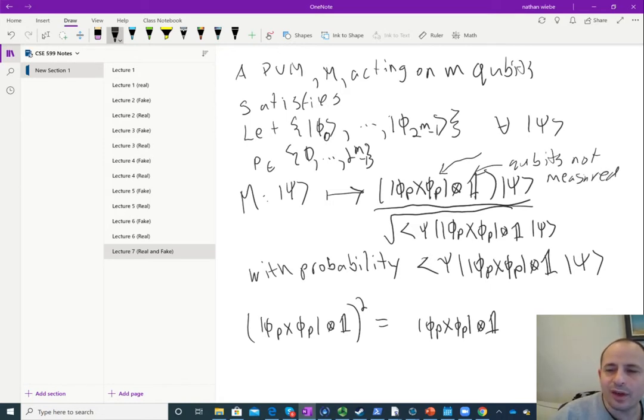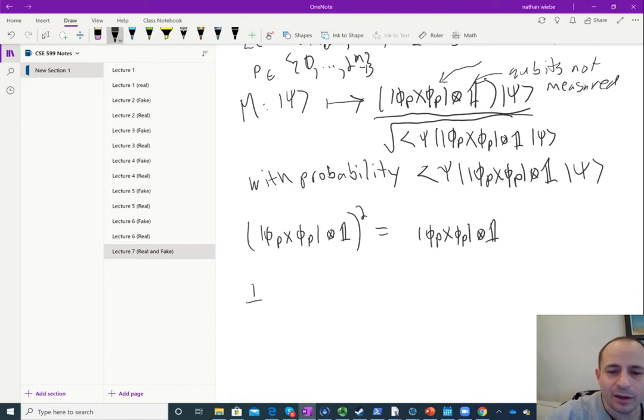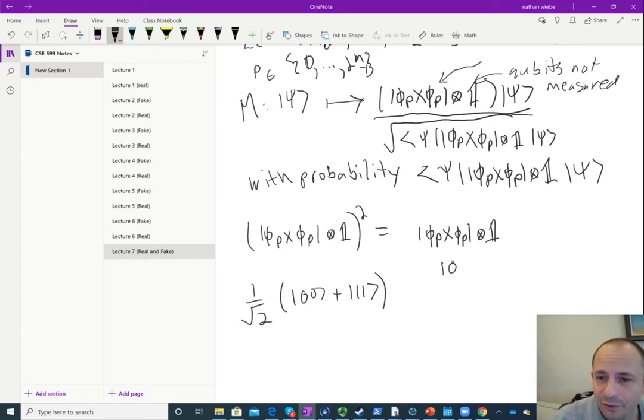So in the case of the Bell state that I did earlier, now if our PVM that we're taking a look at has phi 0 equals 0 and phi 1 equals 1.